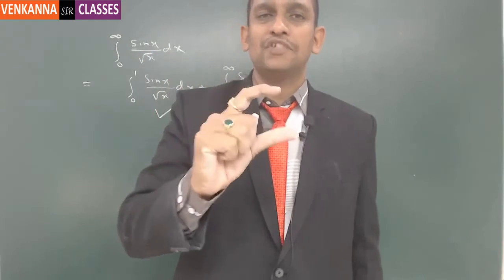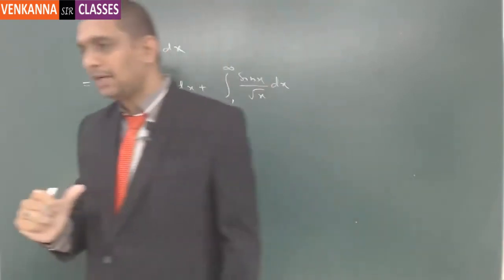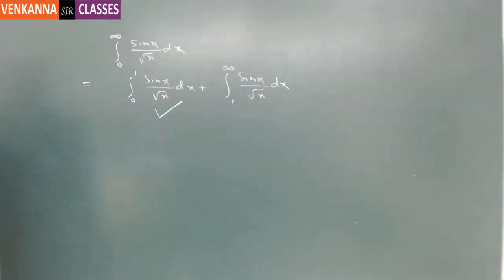That is the criteria of g in Dirichlet test. Accepted? So for this, what is the function we need to take as g there? Sin x or 1 by root x? Which function we need to take?